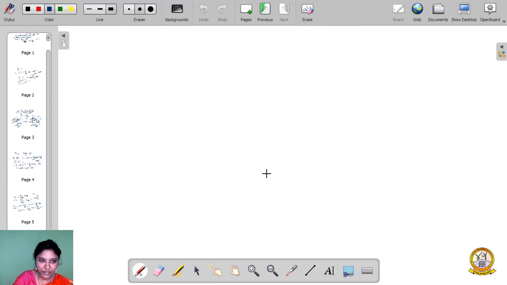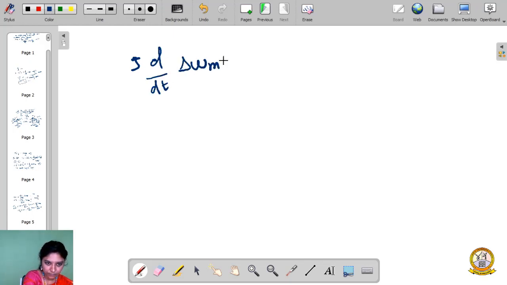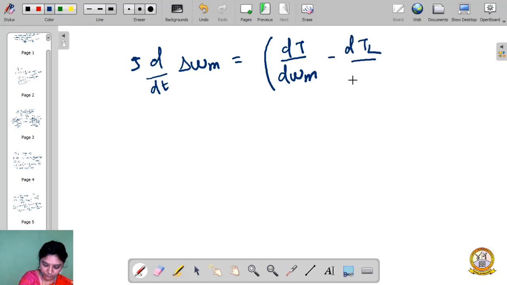So now you simplify, and if you simplify, you can get this equation now. I took the inertia on one side and torque on the other side, and I got this simplification.